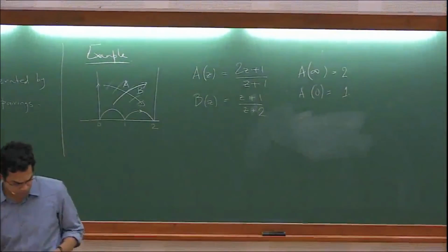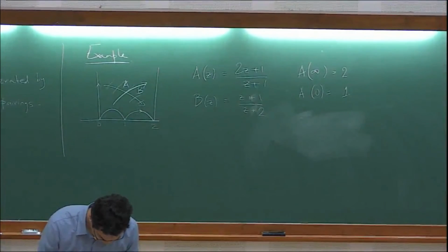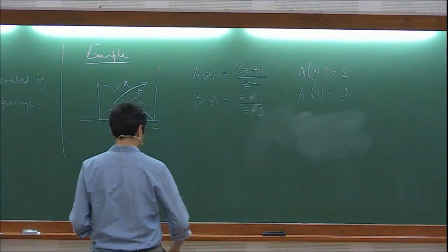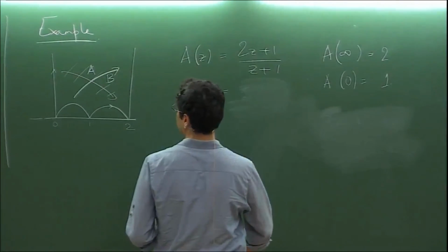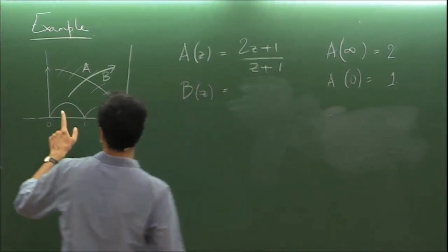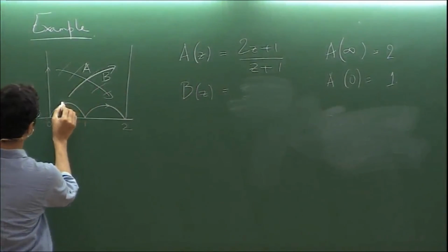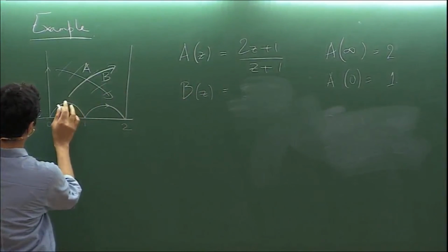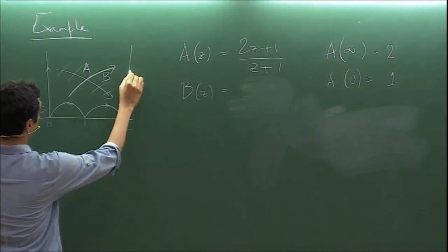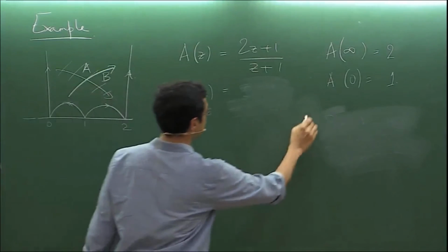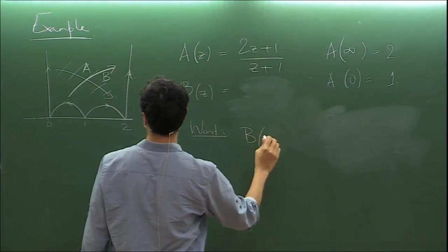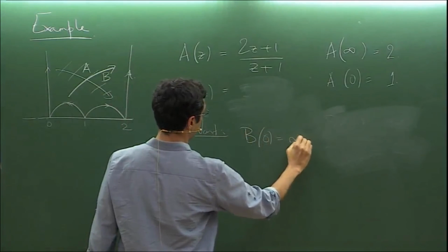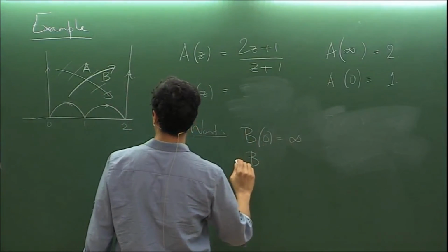Unfortunately, this is not quite what I want. So what works? You want this geodesic to go to this geodesic, right? So you want B of 0 to go to infinity, and B of 1 to go to 2.